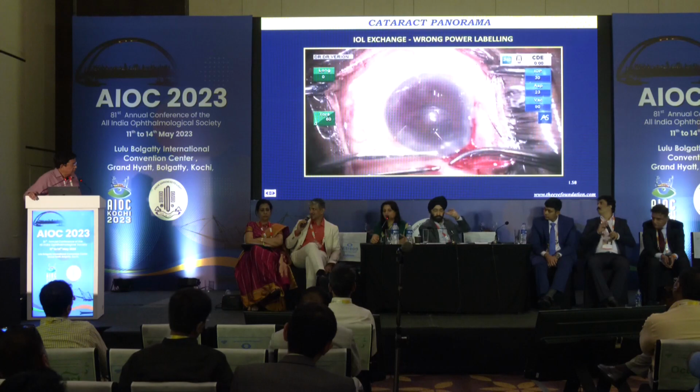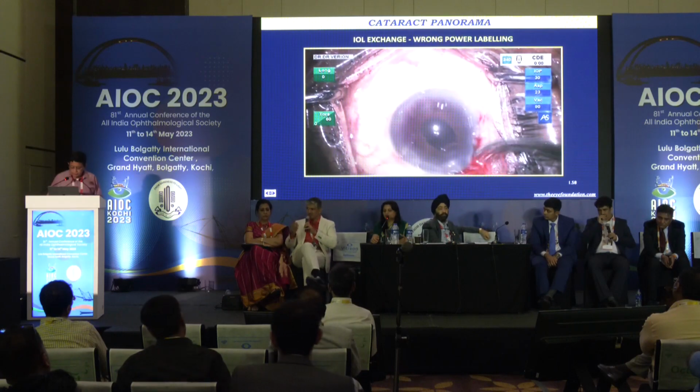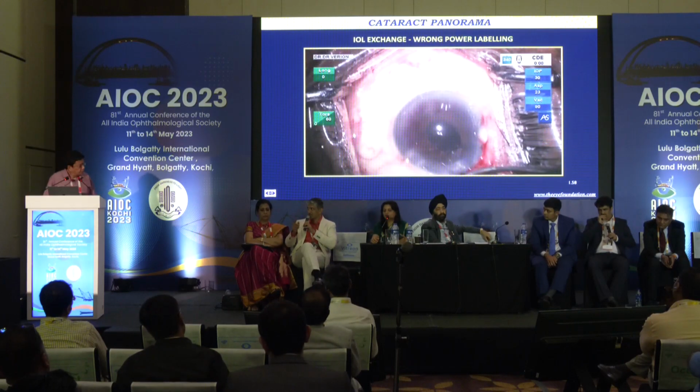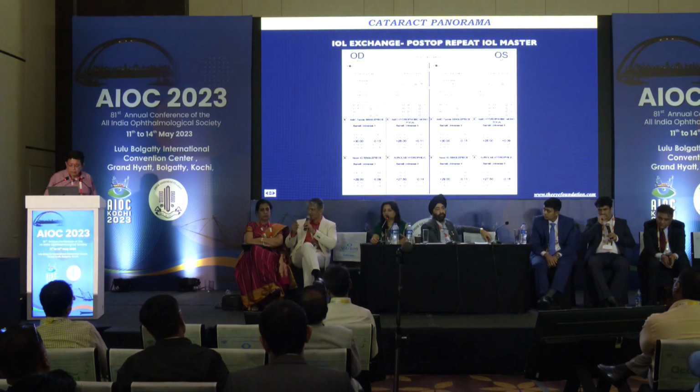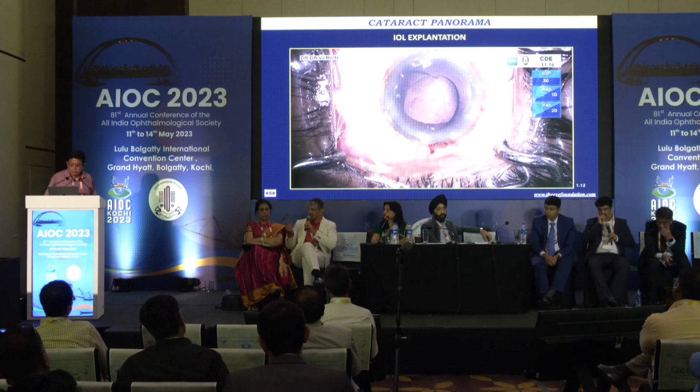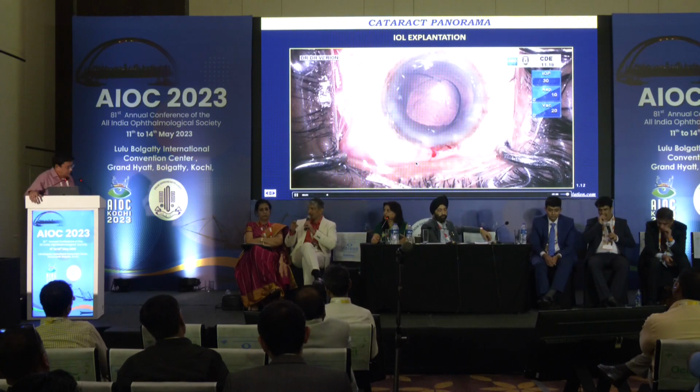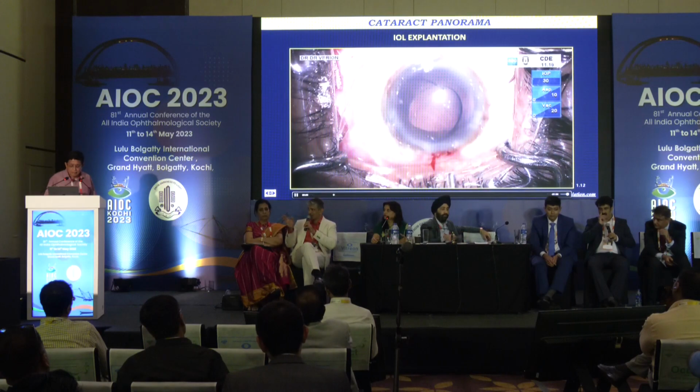The first case is actually interesting because what you see is the trailing haptic of the 3-piece lens has come out. If it was still there, you can actually push it into the hole and insert the same lens. I've done that before.